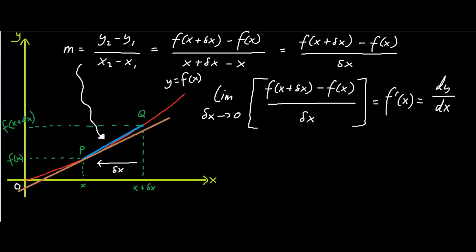So let's imagine for one moment that we're dealing with a curve f(x) equals x squared. If f(x) equals x squared, f(x plus change in x) equals (x plus change in x) squared. And if we were looking for the derivative of f(x), we would do this.